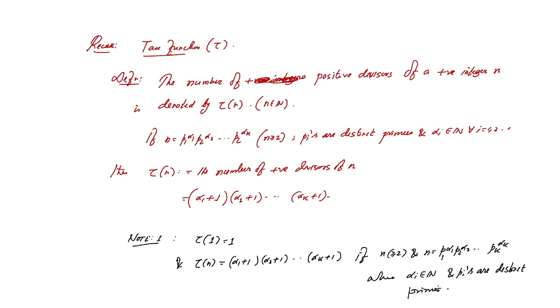So this is basically the number of positive divisors of a positive integer.